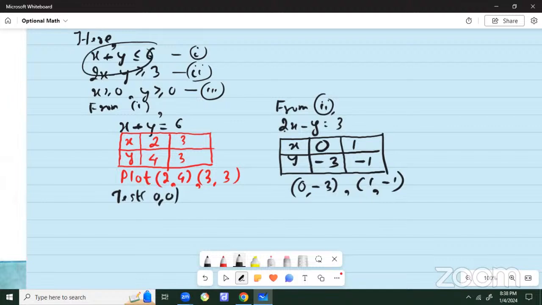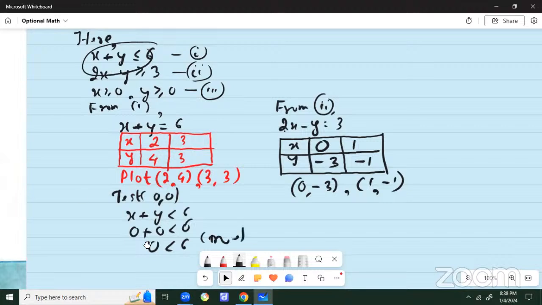Will it be true or false? We want to see whether x plus y is less than 6 or not by putting the testing point. 0 is less than 6. Is this true? Yes, 0 is less than 6 is true, right?